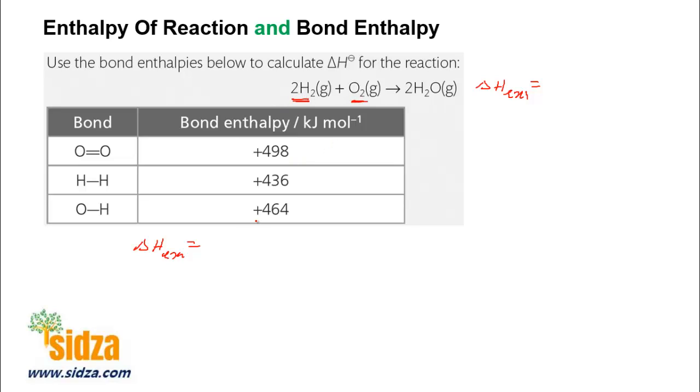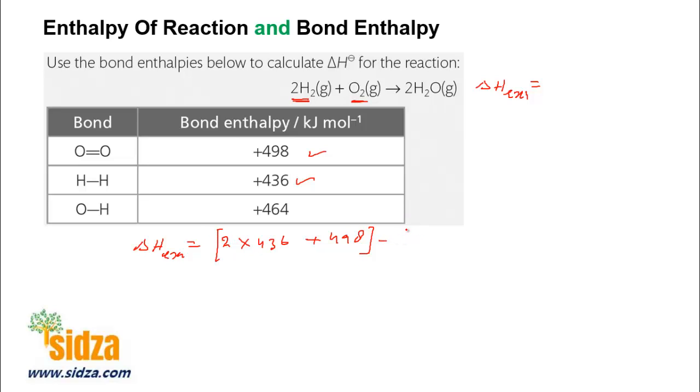We have 2 moles of hydrogen, so it will be 2 times the bond energy of hydrogen, which is 436, because you have 2 hydrogen molecules, so that's why 2 times, plus the bond energy of the oxygen, which is 498. Now this is the bond energy of the reactants.